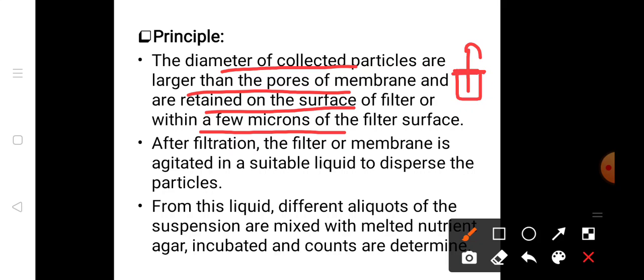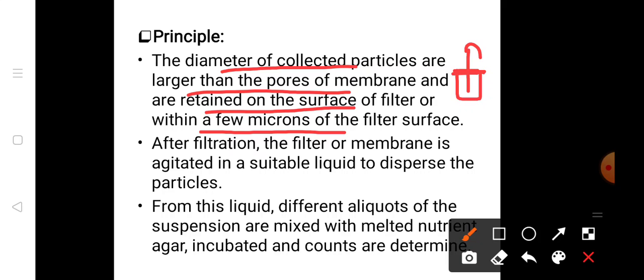The microorganism size will be larger than the membrane pore size. The membrane pore should be very small, and only then will it retain the microorganism on the surface. If it is not entrapped on the surface, it will get entrapped within a few microns of the filter.